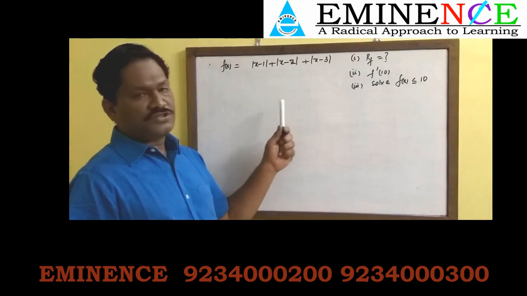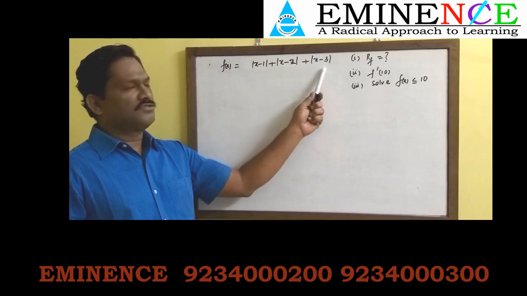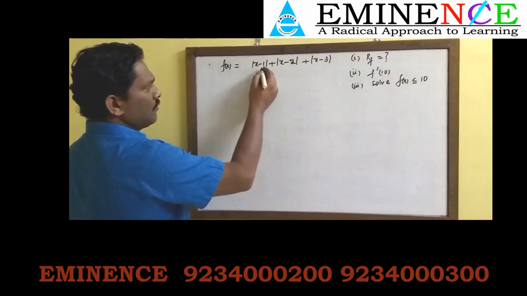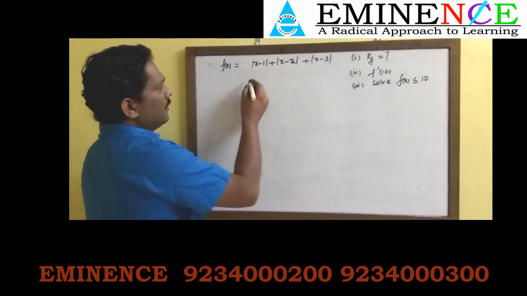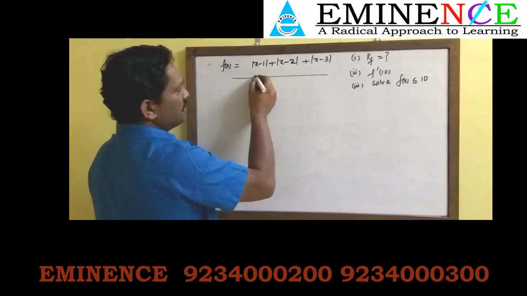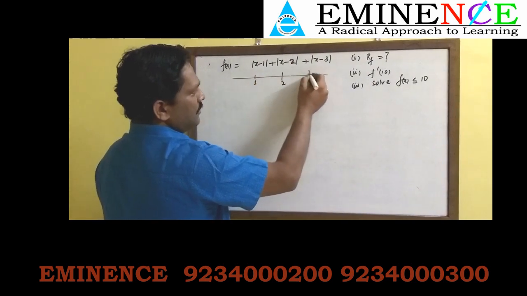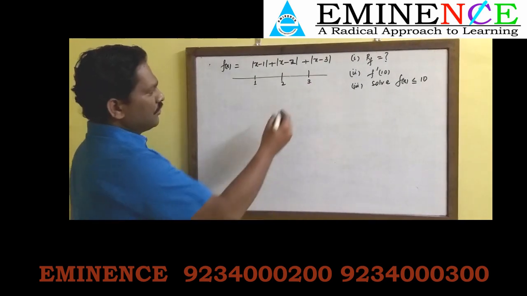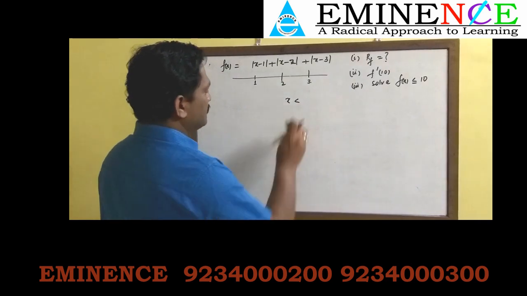See, the first thing that you have to keep in mind is you should define this function free from modulus. Now tell me, where does the definition of the first function change? The definition of the first function changes at 1, the second function changes at 2, and the third function changes at 3. So let's write down the intervals first.